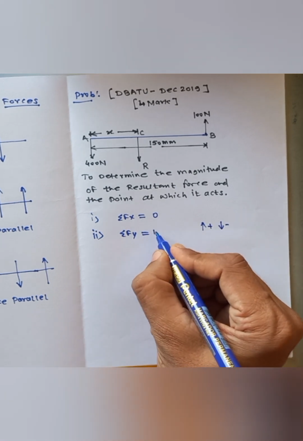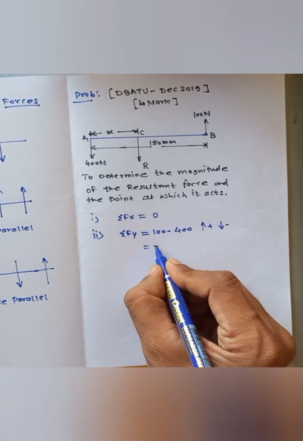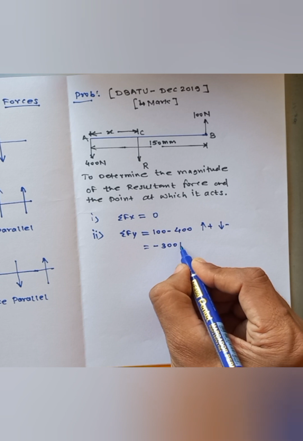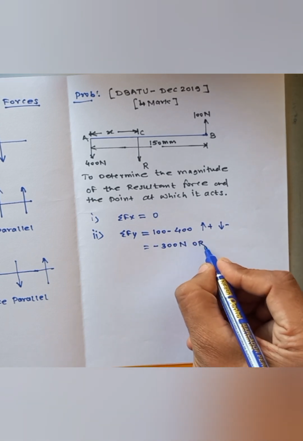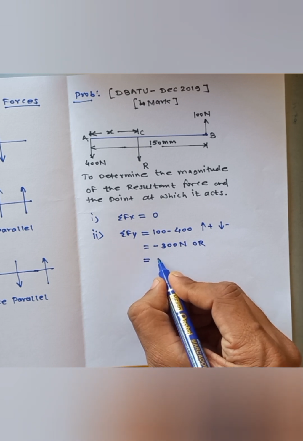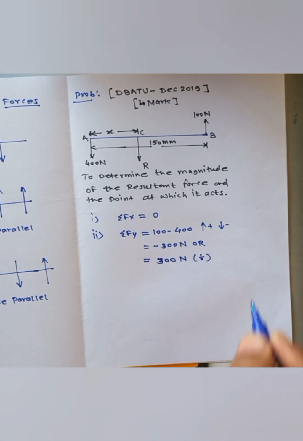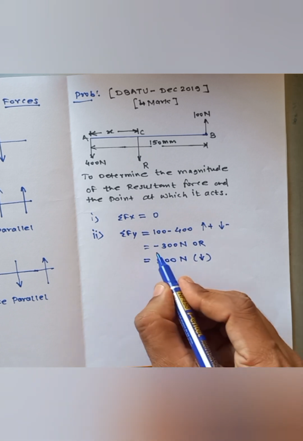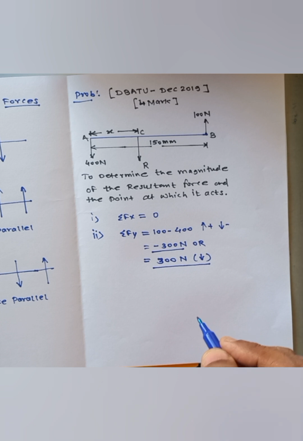So it is 100 minus 400, so that is equal to minus 300 Newton, right? Or I can say it is equal to 300 Newton downward. You can write it both ways. It has the same meaning.